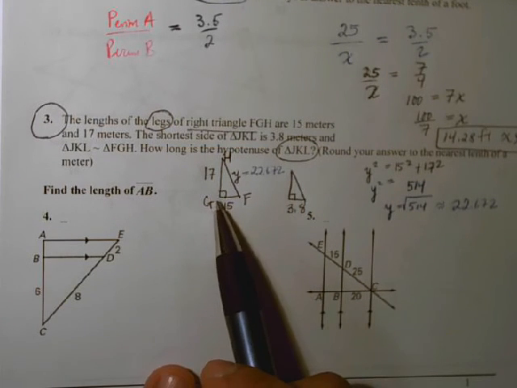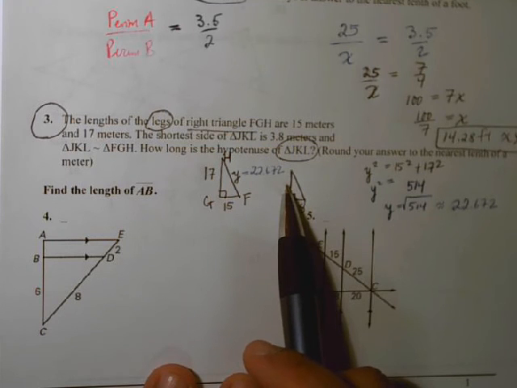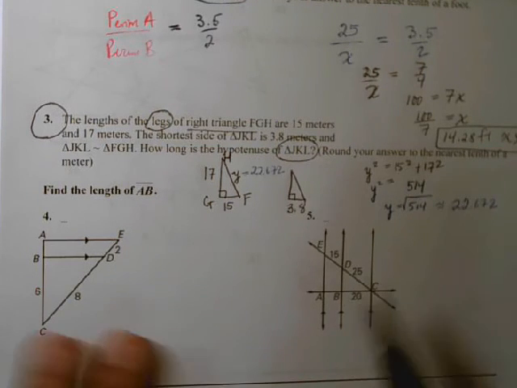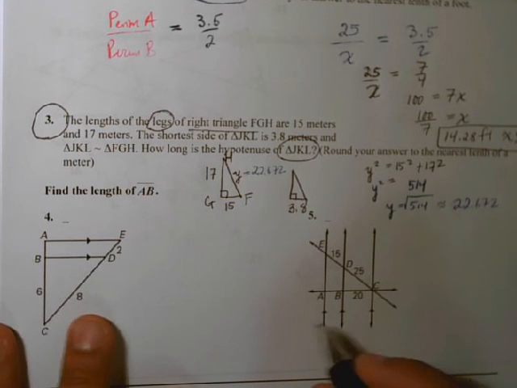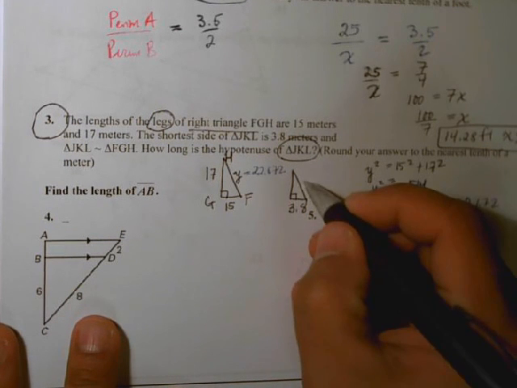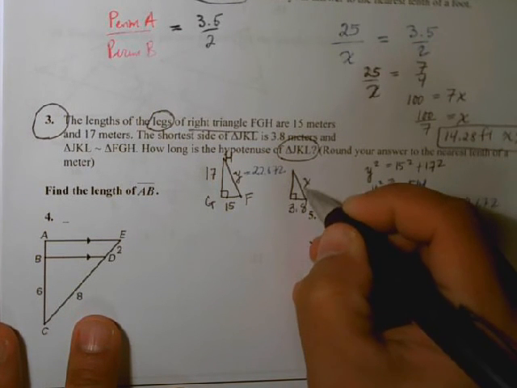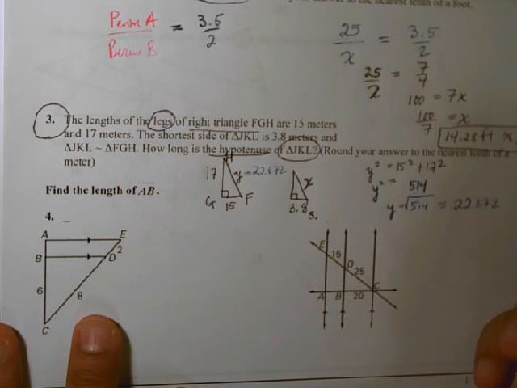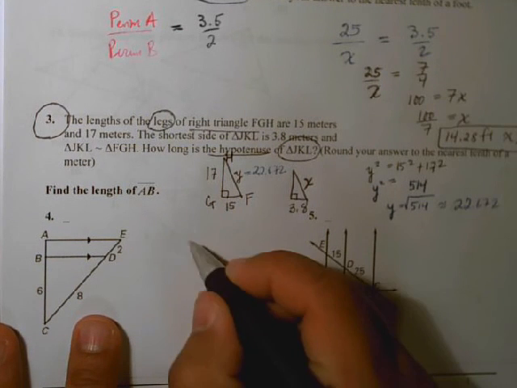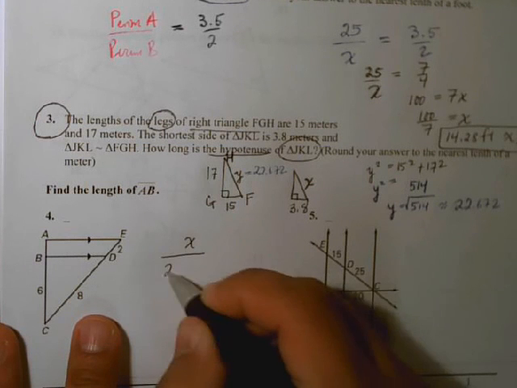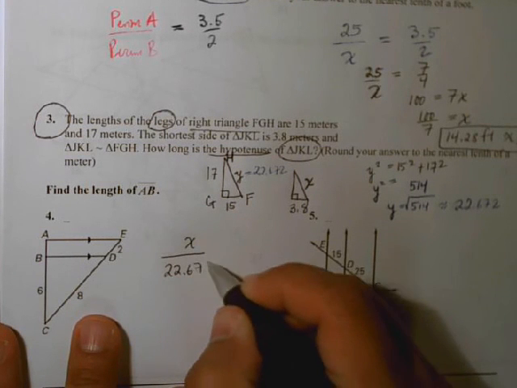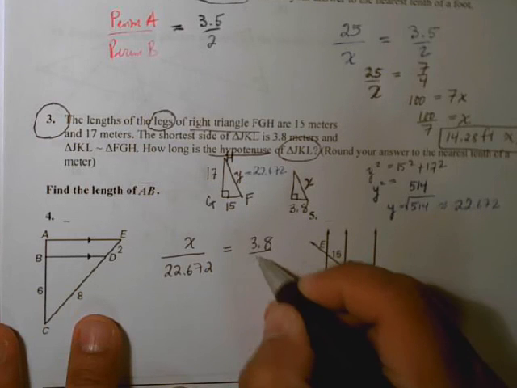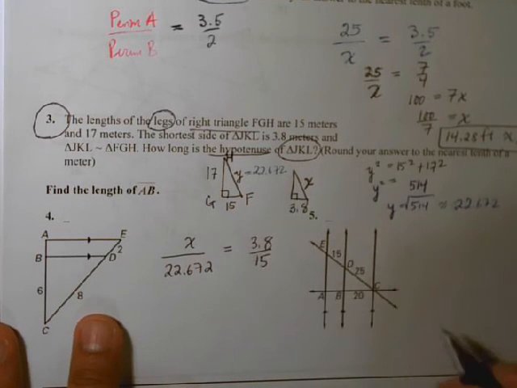And now we have a couple choices as to how we're going to finish solving this problem. We could use similar proportions and try to figure out this other length and then figure out the hypotenuse using the Pythagorean theorem. But a simpler way perhaps is for us to just use proportions directly. So let's call this length here x. That's the hypotenuse of the other triangle that we're looking for. So we get that x over 22.672 is equal to 3.8 over 15.